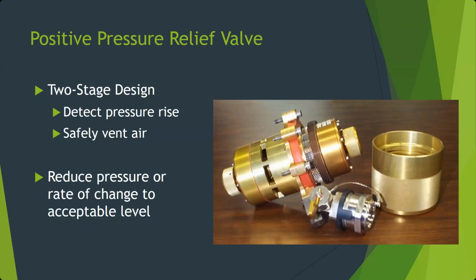So if you get a change in pressure, if the pressure starts to spike too quickly, it will actually open before you reach that maximum delta P to prevent the delta P from shooting over that max level. So it monitors both the rate of increase as well as the pressure in the cabin, and it can open in either case. So it's going to reduce the pressure or the rate of change to an acceptable level.